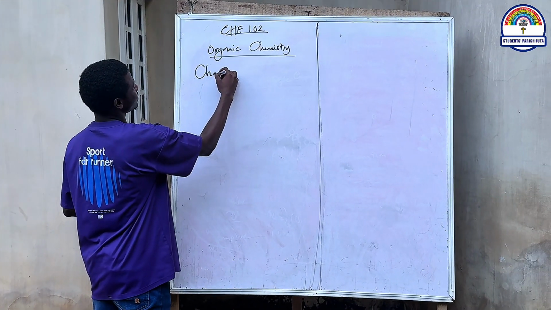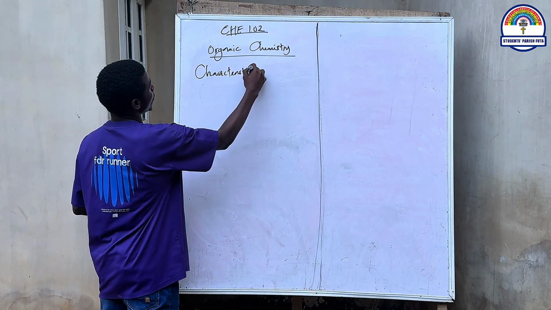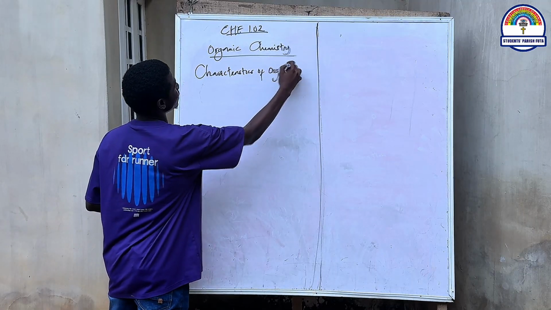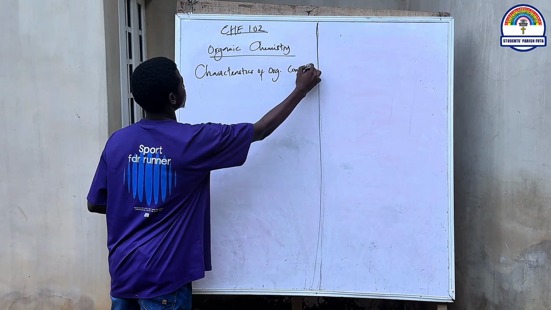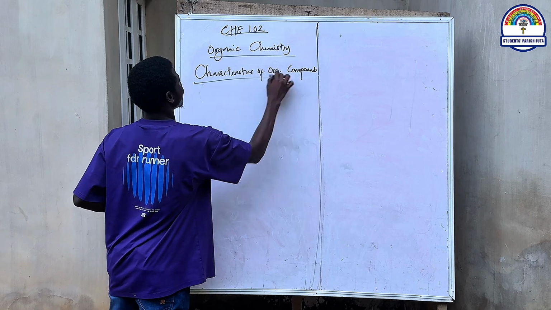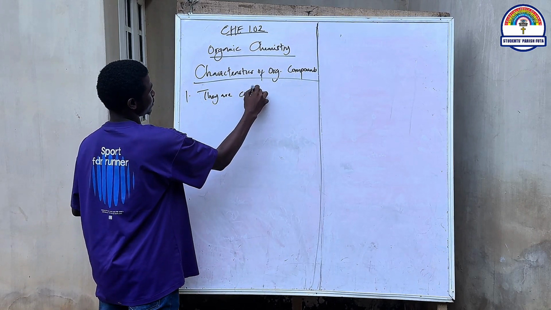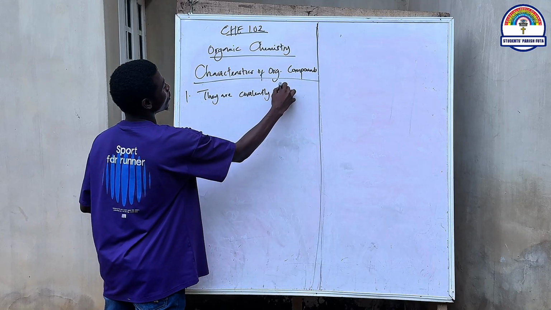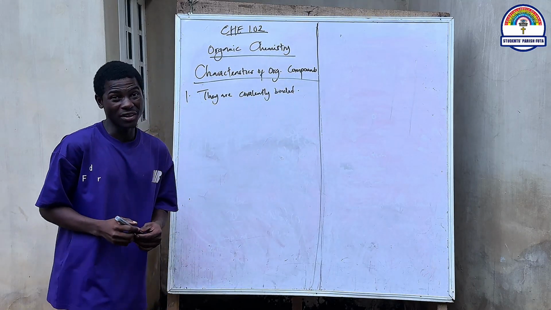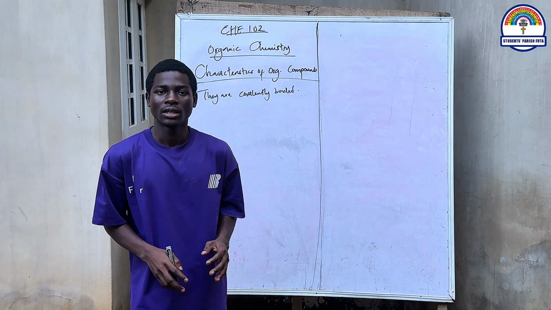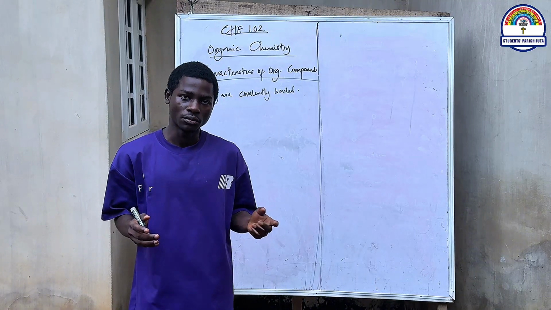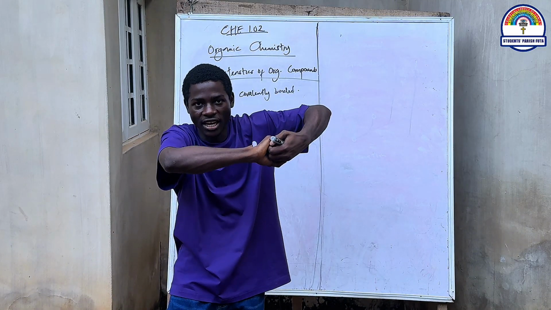Take the characteristics of organic compounds. So what are the characteristics? The first one is that they are covalently bonded. That is, it is covalent bonding that exists between the atoms. Carbon takes hydrogen, they share electrons.